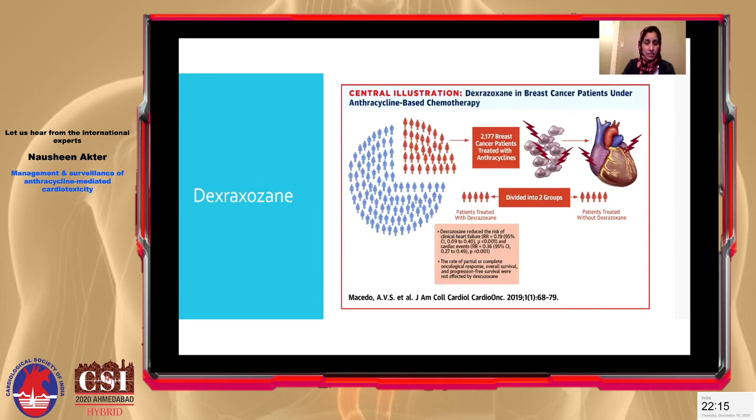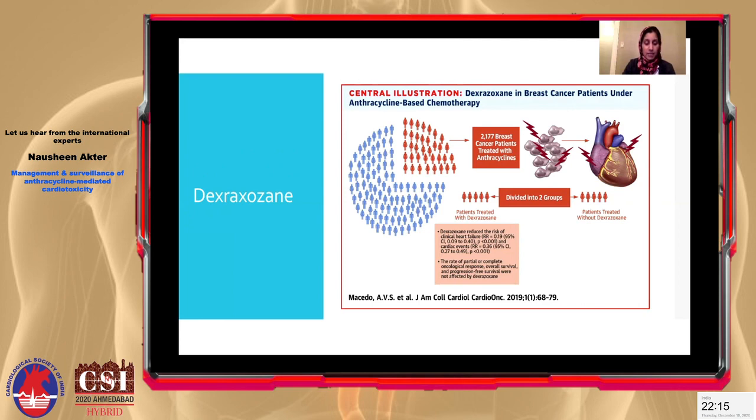Dexrazoxane is an iron chelating agent that can mitigate the risk of cardiotoxicity in patients given anthracycline. This was a large meta-analysis published last year in JACC Cardio-Oncology that looked at 7 randomized trials and 2 retrospective trials, with a total of greater than 2,100 patients.